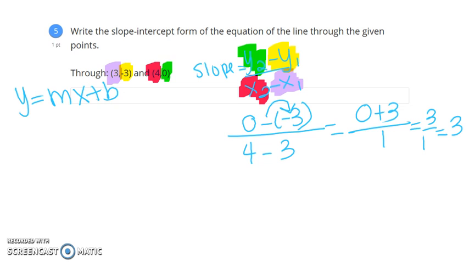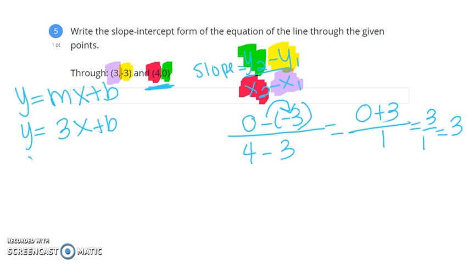That's my slope. So now I'm going to do what I did in the last problem. Now I know my slope, but I do not know my b value. So I'm going to pick either one of these coordinates. I'm going to choose 4, 0 because it looks a smidge easier. I'm just going to plug it in.